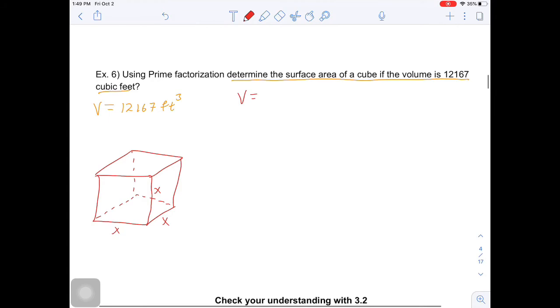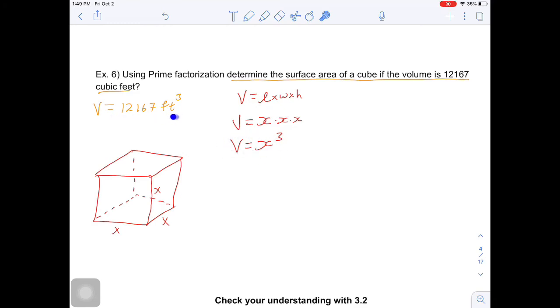Remember, the volume of a rectangular prism is length times width times height. Recognize here, my length, my width, and my height are all the same thing. So this is essentially x times x times x. So that will be x cubed. Okay, because we're multiplying x 3 times, that's x cubed.